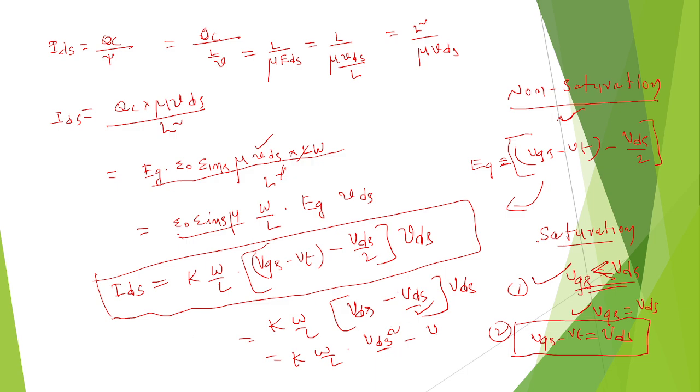Therefore we can write it as K into W by L, VDS square minus VDS square by 2, equal to VDS by 2. So this is IDS for the saturation region. Like this we need to find the VDS IDS relationship. Thank you.